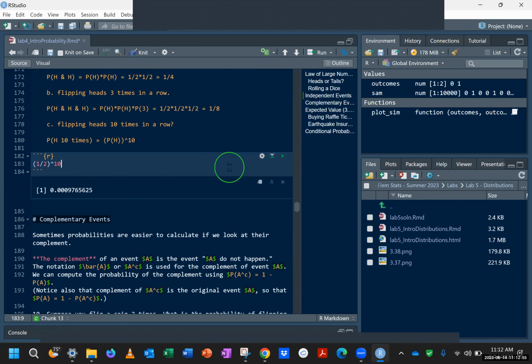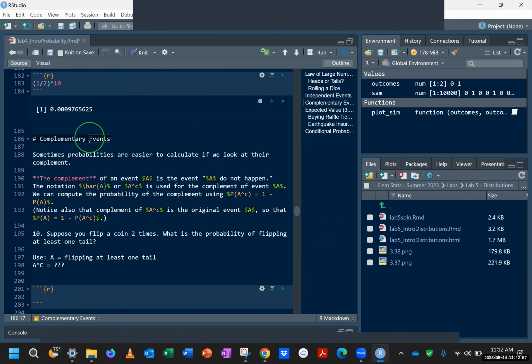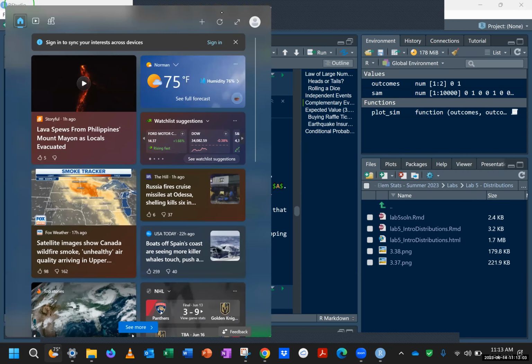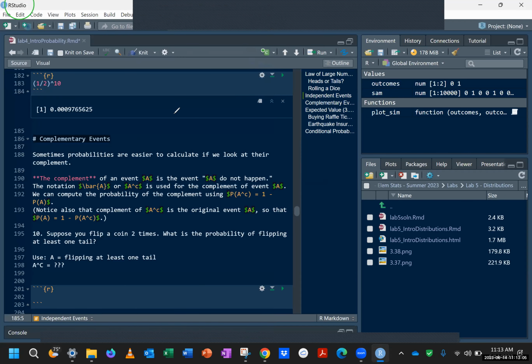Let's go on to our next rule. When we have complementary events, what are complementary events? Complementary events are like either-or. Either I flip heads or I flip tails. They're complementary. We can't have both at the same time. And if I don't flip heads, that means I flip tails. That's a good example of a complementary event.